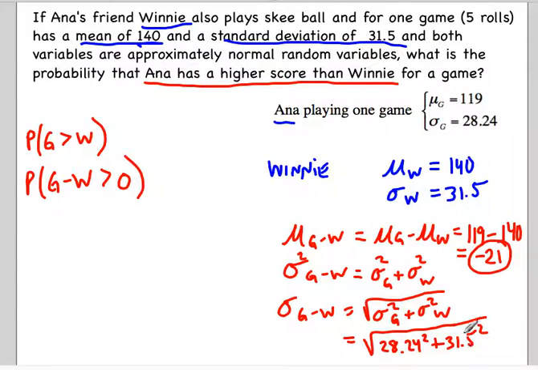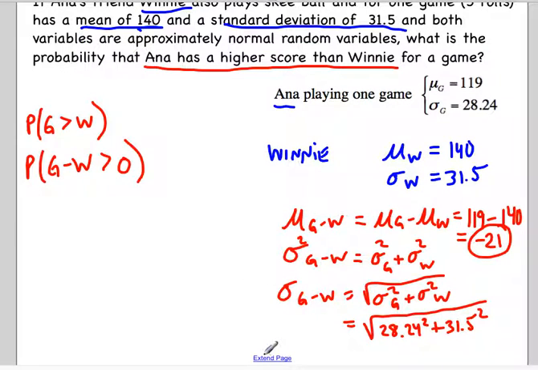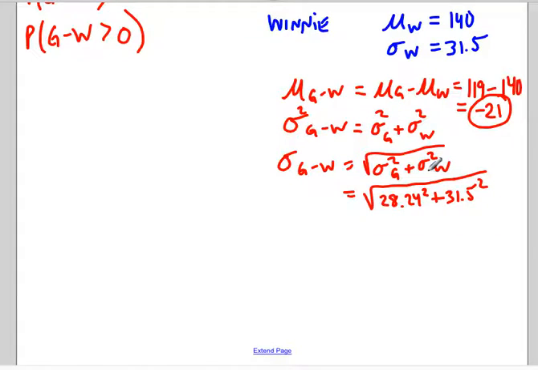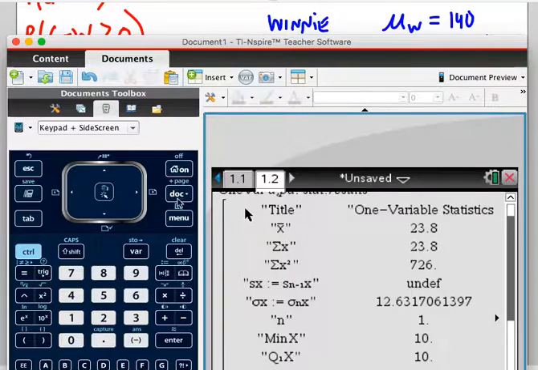And again, a lot of people just want to add up those two standard deviations, but you cannot do that. The square root does not cancel off those squares. So be very careful of that, okay? So typing that in your calculator, okay, I need a calculator.